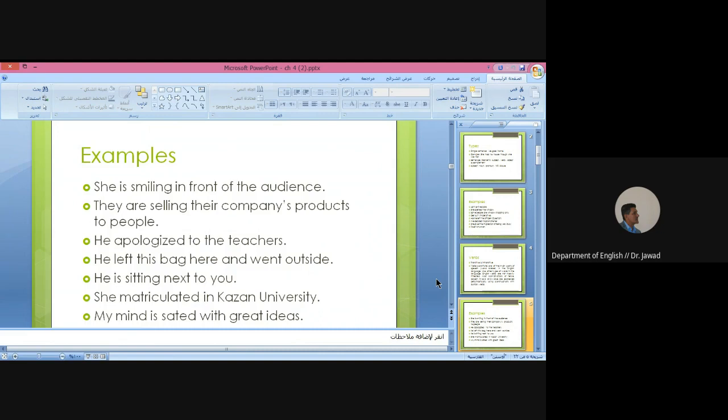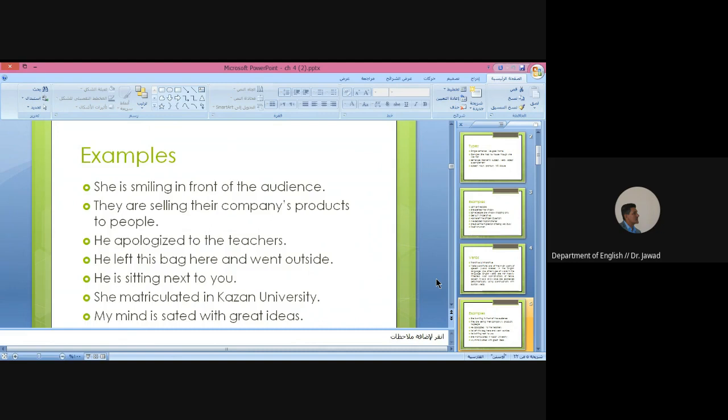It is smiling, which is in the present continuous tense, and the mood is indicative. It is in the active voice, and the aspect is progressive. And the verb here is periphrastically constructed. Why? Because we have the auxiliary is plus the present participle of the verb smiling. And the sentence is a simple one.